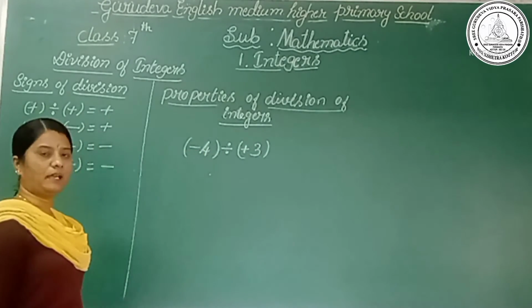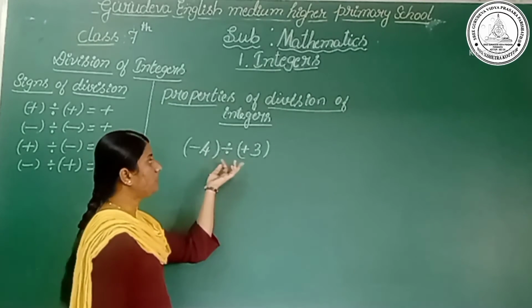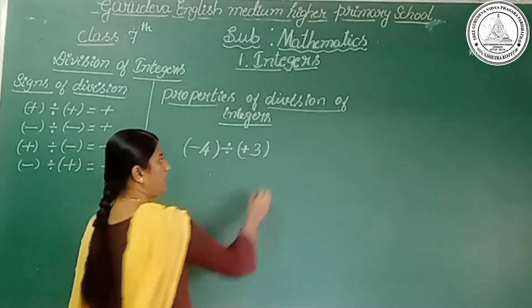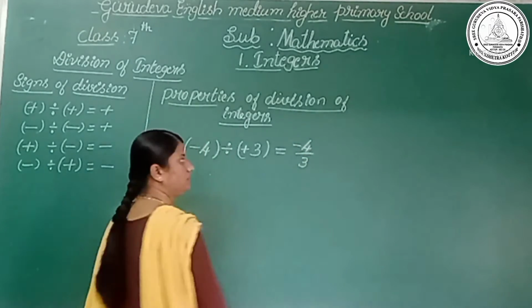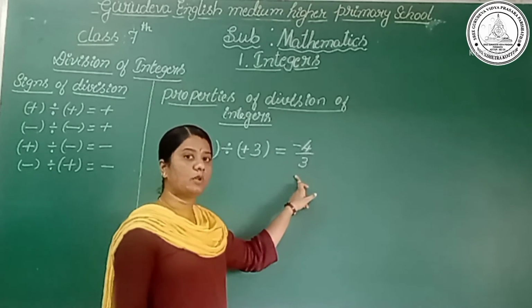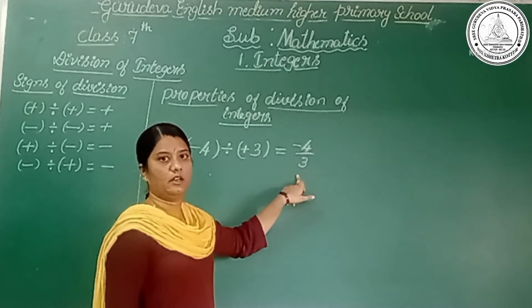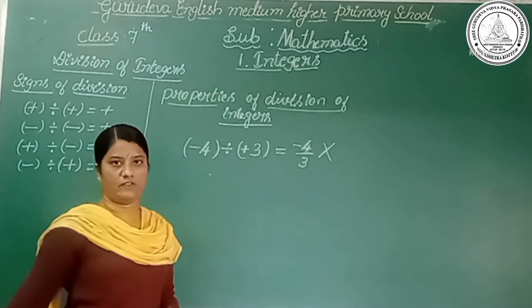Minus 4 is not divisible by 3. So hence we can write it as minus 4 by 3. But the quotient minus 4 by 3 is not an integer. Right? So it is not closed under division.